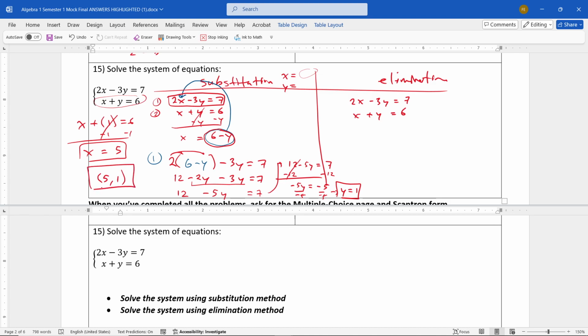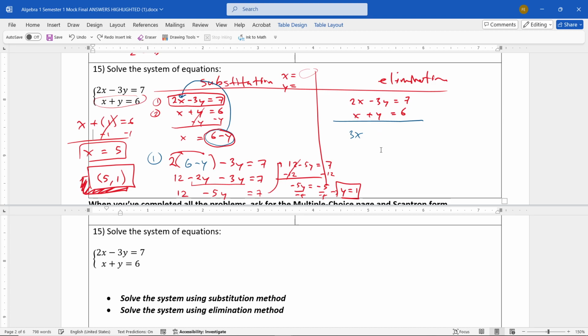So this is the point where the two lines intersect each other, and that is the solution to the system. Here's the same thing, but using the elimination method. With the elimination method, you basically want to add the equations vertically to force either x's to cancel out or y's to cancel out. But in this case, nothing cancels because 2x plus x, if you add them vertically, gives you 3x. If you add negative 3y plus y, that gives you minus 2y, and nothing cancels.